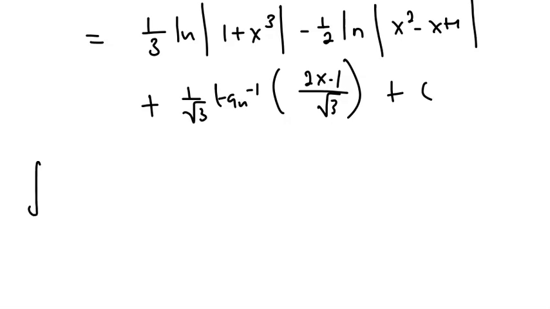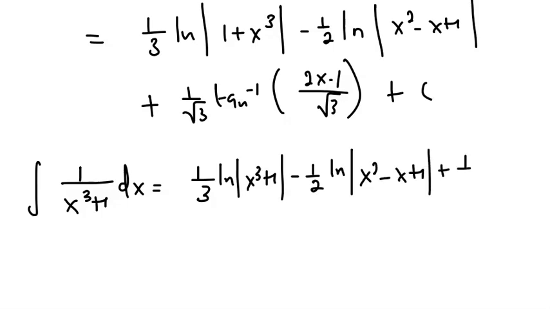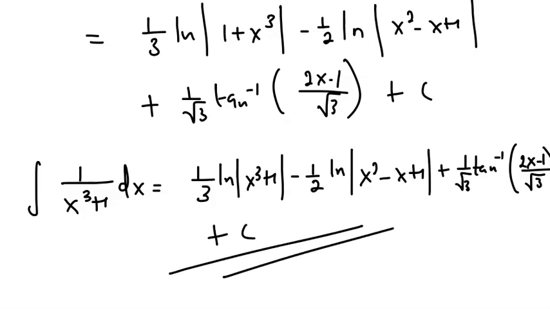So here we can say that the integral of 1 over x cubed plus 1 dx is equal to 1 over 3 times the natural log of x cubed plus 1 minus 1 over 2 times the natural log of x squared minus x plus 1, then plus 1 over square root of 3, the inverse tangent of 2x minus 1 over the square root of 3, so plus c. And this is the correct answer.